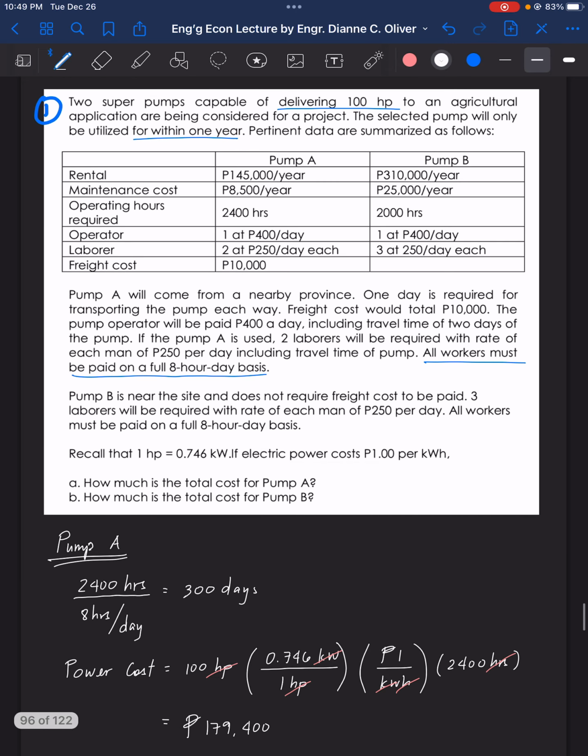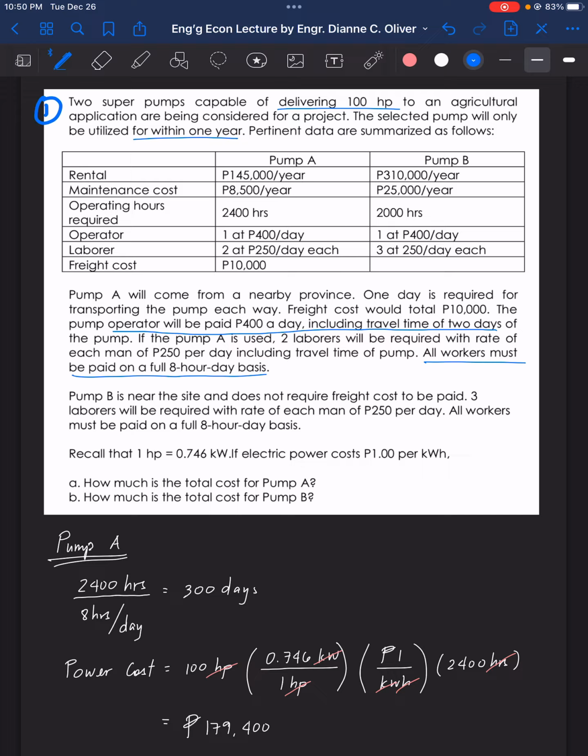For the labor cost here, for the operator, one operator for 400 pesos per day. And from the problem, it says here that the operator will be paid 400 a day, including travel time of 2 days.